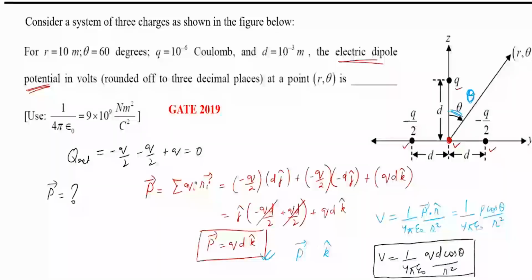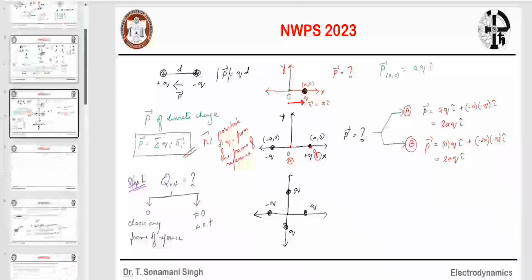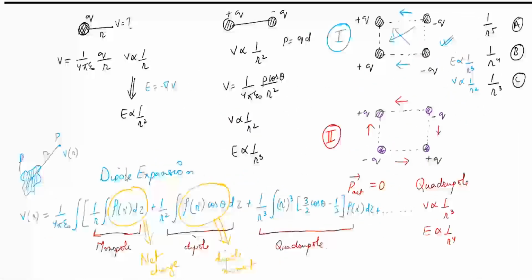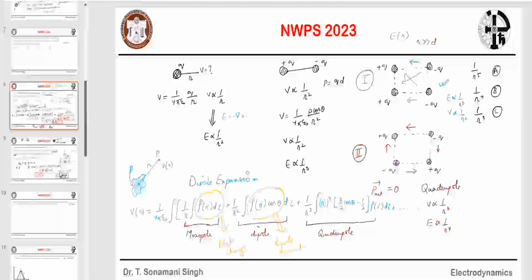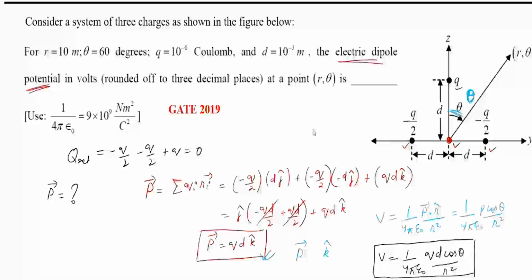I think I wrote dipole expansion somewhere. Here I have written dipole, but it should be multipole. Okay, shall we move on to the next question?